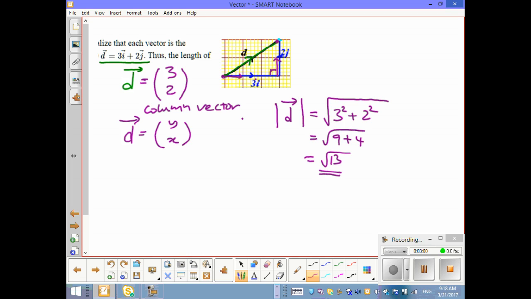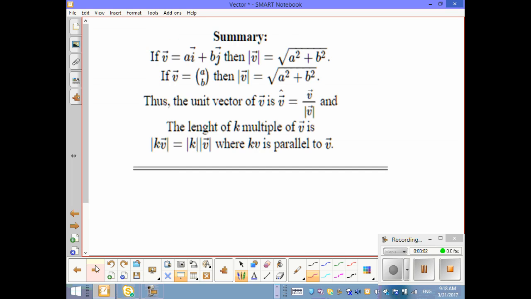So in general, we have this. That is, for any vector ai plus bj, this is my formula. It can be written in column vector form as well. A unit vector is a vector that has 1 unit in its magnitude, and this is the formula that we use.